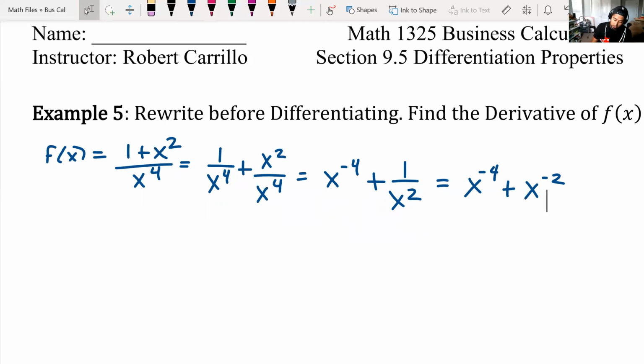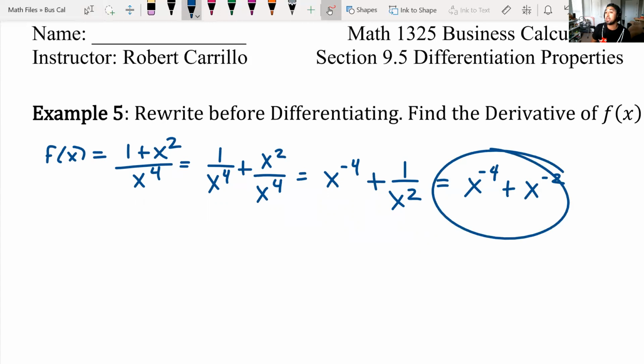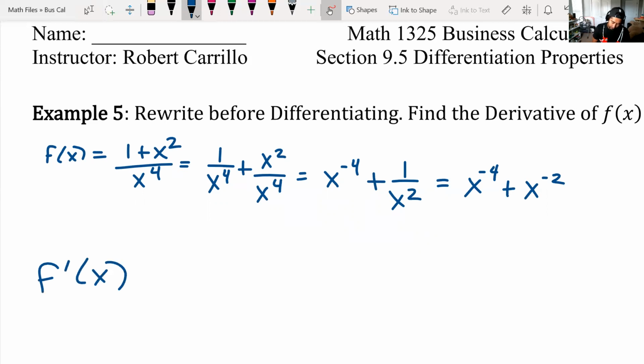So now we can find the derivative of the rewrite. f prime of x: the derivative of x to the negative 4 is negative 4x to the negative 5th, and the derivative of x to the negative 2 is negative 2x to the negative 3.